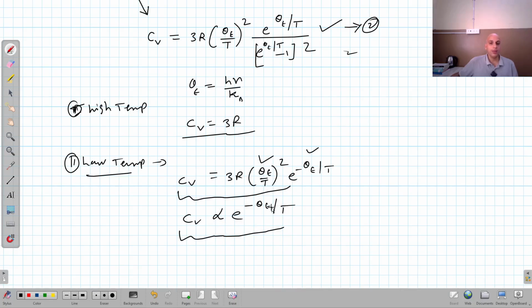Obviously, when the temperature decreases and approaches 0, what will be the case? e raised to power minus theta E upon 0 means e raised to minus infinity, which tends to 0. So Cv tends to 0 as the temperature tends to 0, right?